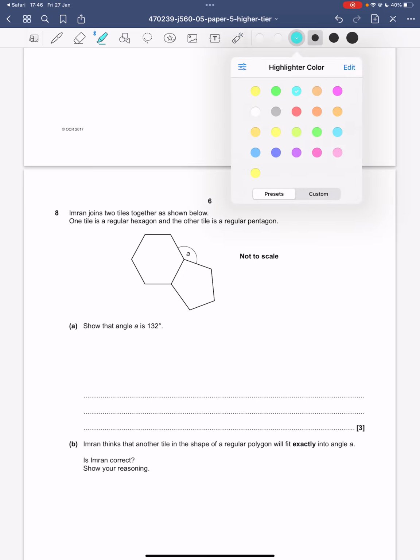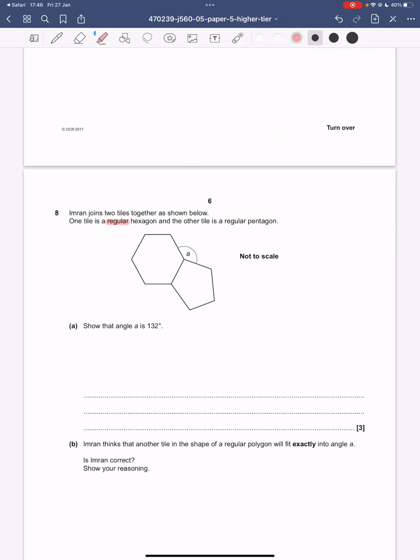Regular means that all the angles are the same. So for the hexagon, we start from one particular corner and it makes 4 triangles. Each of those triangles has 180 degrees, so the total of all these angles is 4 times 180.